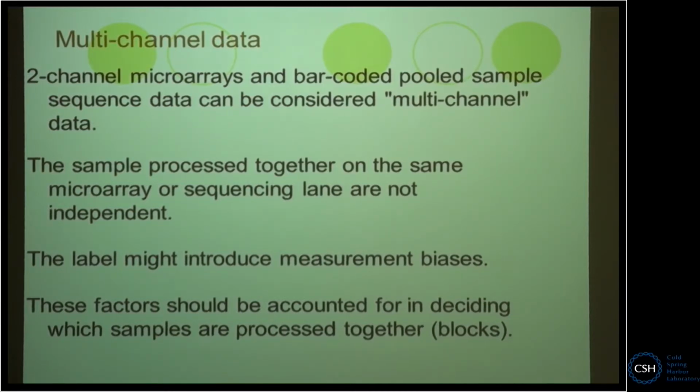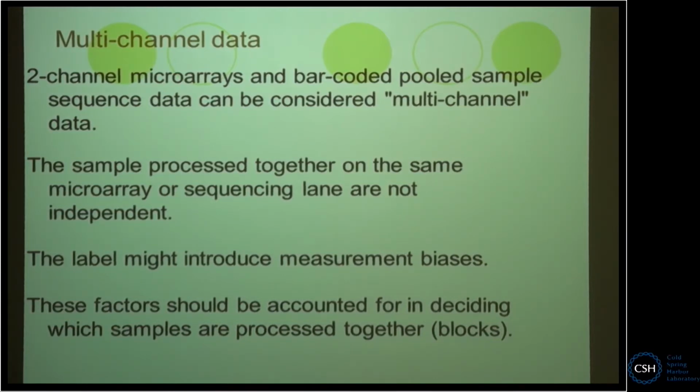Multi-channel data. Multi-channel data for a microarray means a two-channel array. For sequencing data, it usually means barcoded samples on a single lane. The main things to consider are, number one, whether the samples on the same chip or the same lane are more similar than ones in different lanes.